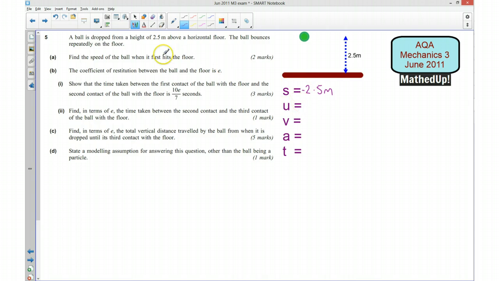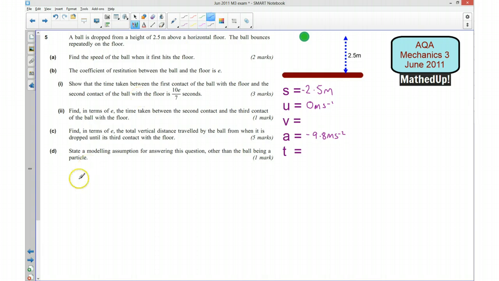Our initial velocity is just going to be 0 meters per second, since it's dropped from a height. Our final velocity is what we're trying to find. Our acceleration is going to be minus 9.8 meters per second squared, and we don't know the time.